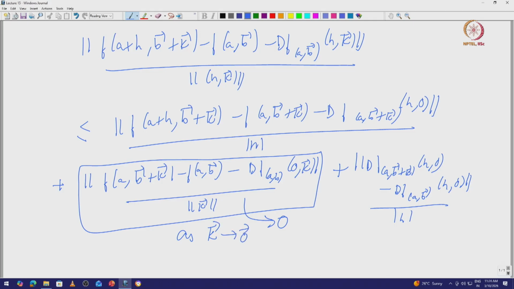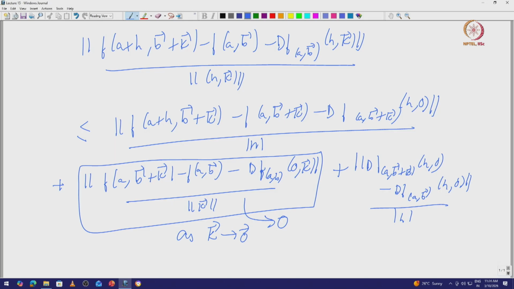Because we have assumed the induction hypothesis that G being C1 implied that it was differentiable, and the fact that G was differentiable at the point A comma B implies that indeed this goes to 0, right?